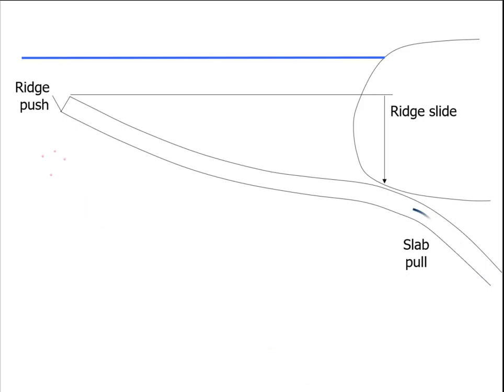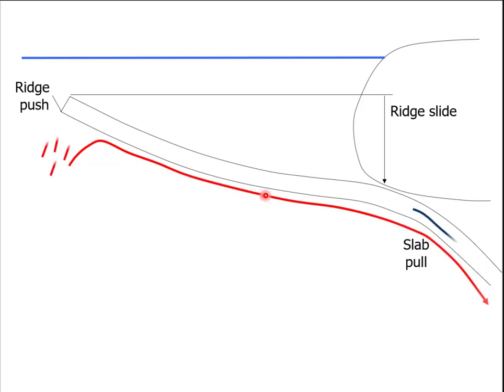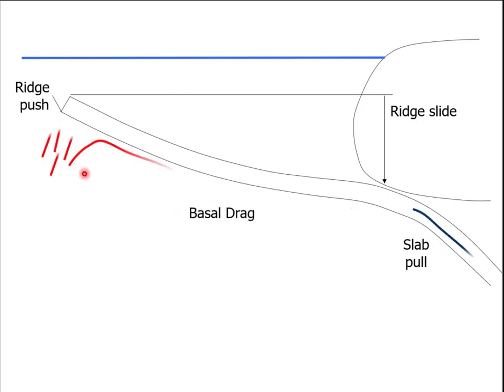So what else? Well, there is that convection, right? That convection doesn't stop there. It comes up and moves along underneath the plate, kind of dragging it along, and so we call that basal drag, as that convective cell moves along underneath the plate.